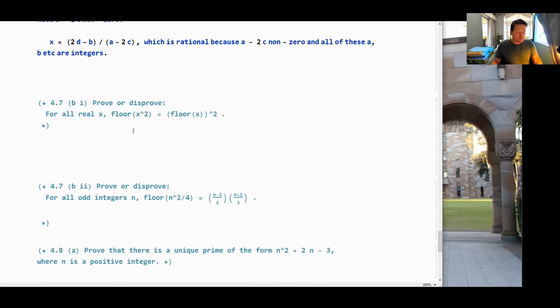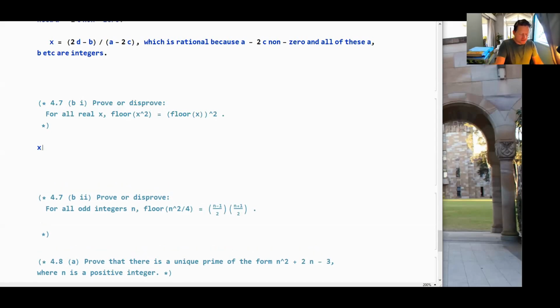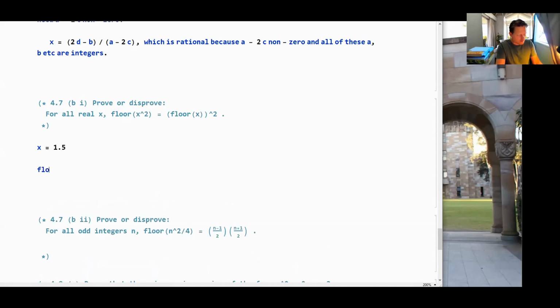For example, if we just choose x equal to 1.5, then the floor of 1.5 squared is equal to the floor of, let's see, 1.5 squared. 15 times 15 is 225, so this is 2.25.